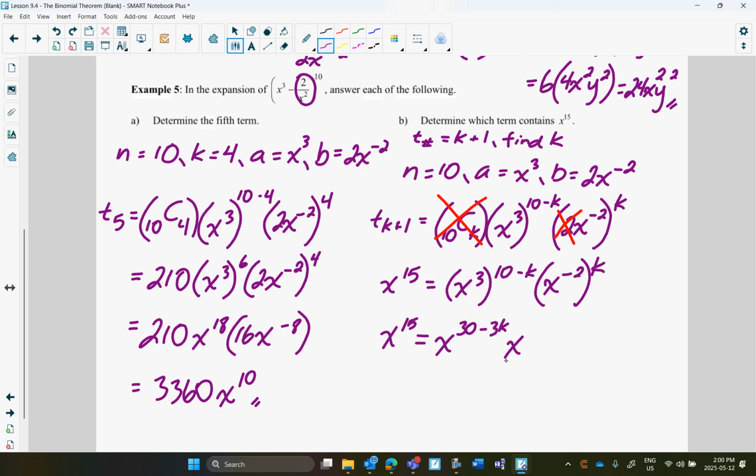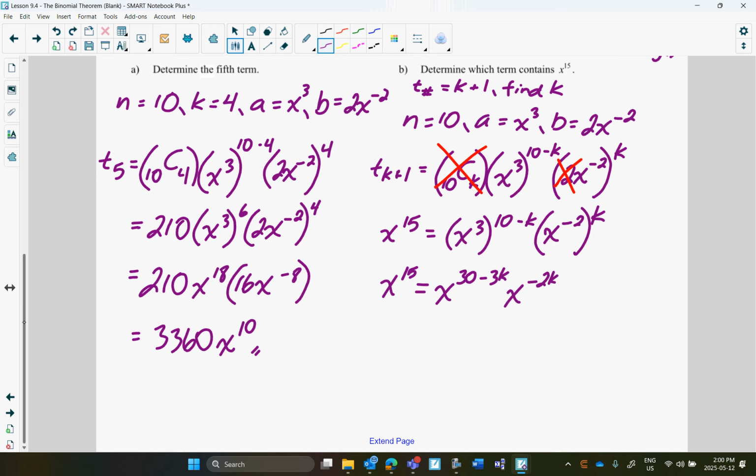This is the same as x to the minus 2k. I can keep simplifying this side. When I multiply two powers, what do I do with the exponents? Add them. So it's going to be 30 minus 3k plus minus 2k, which is the same as 30 minus 5k.